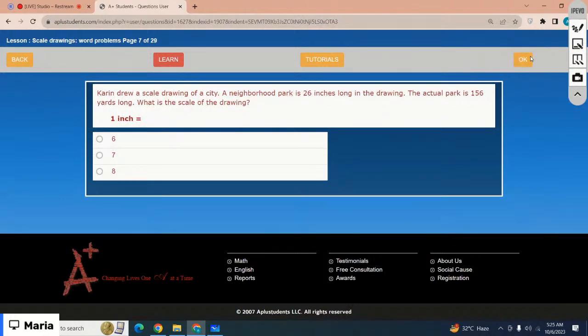Karen drew a scale drawing of a city. A neighborhood park is 26 inches long in the drawing. The actual park is 156 yards long. What is the scale of the drawing?